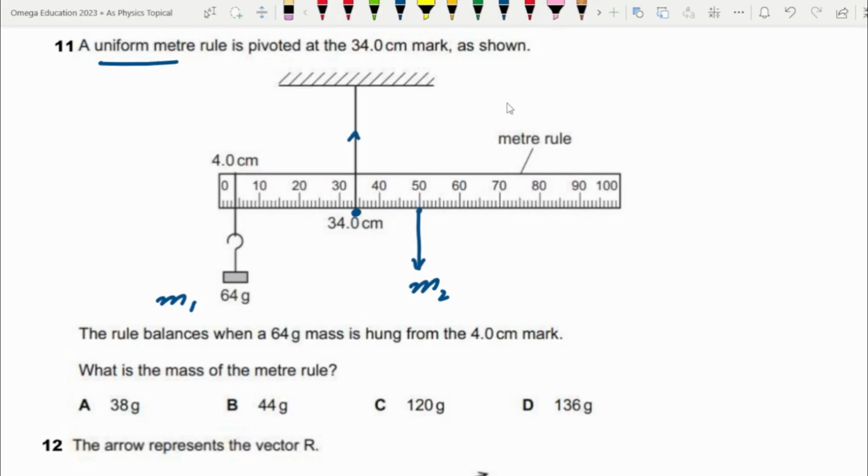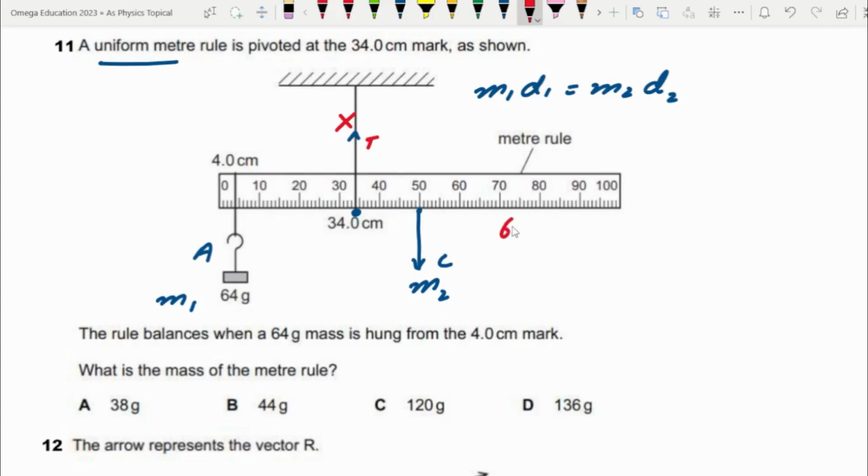So we can write down the formula in terms of the masses, not in terms of forces. M1 D1 equals M2 D2. This one would rotate anti-clockwise, this one would rotate clockwise. The tension would not produce any rotation, because this force is passing through the pivot. Any force that is passing through the pivot is not used in the calculation.